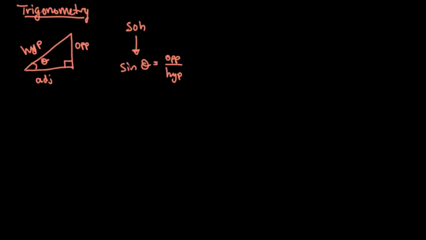I like to use what we call SOH CAH TOA. SOH: sine of your angle is equal to the opposite over the hypotenuse. CAH: cosine of your angle is equal to your adjacent over your hypotenuse.